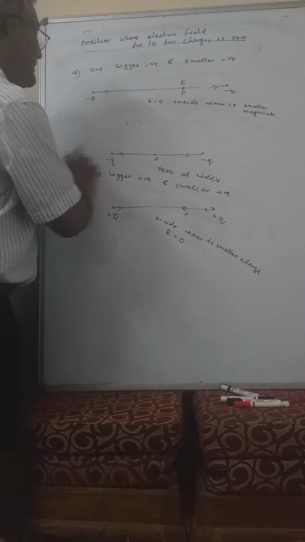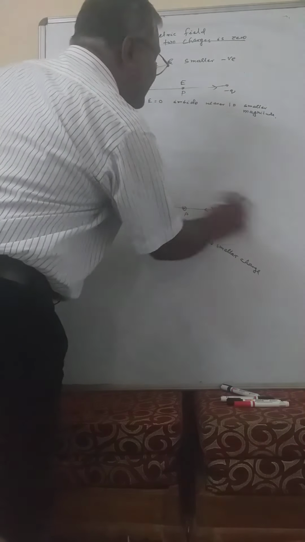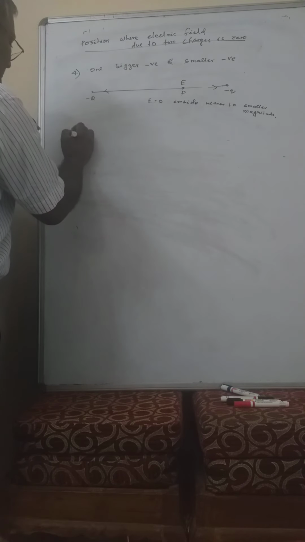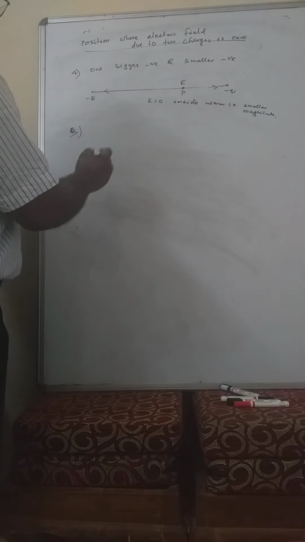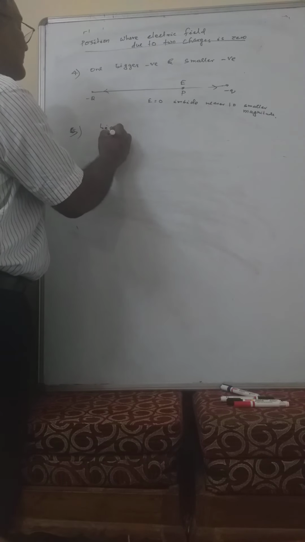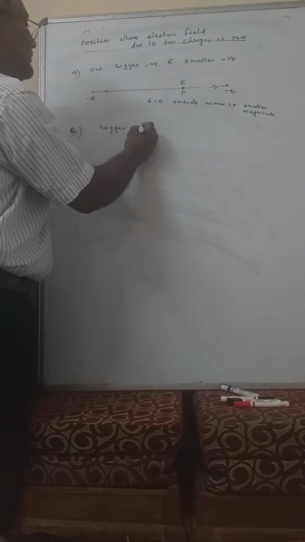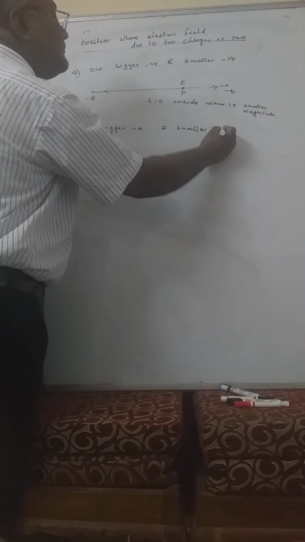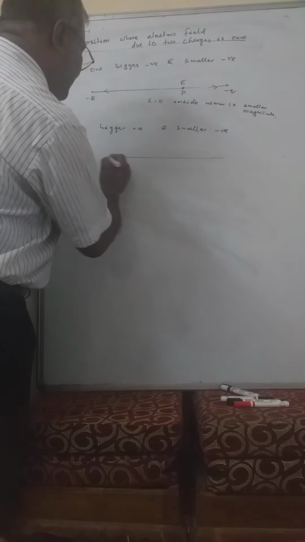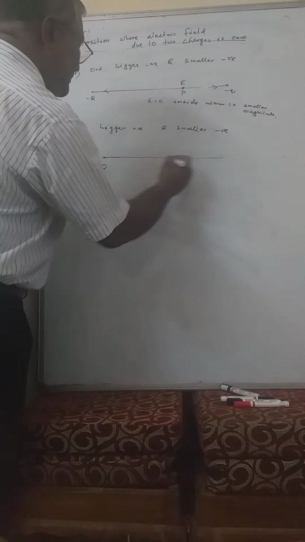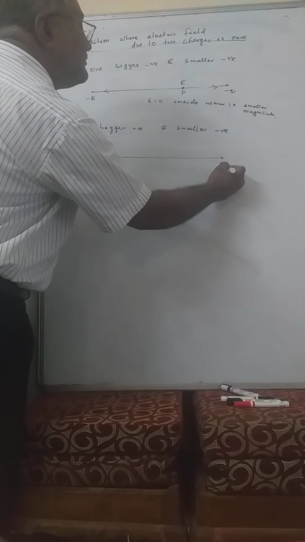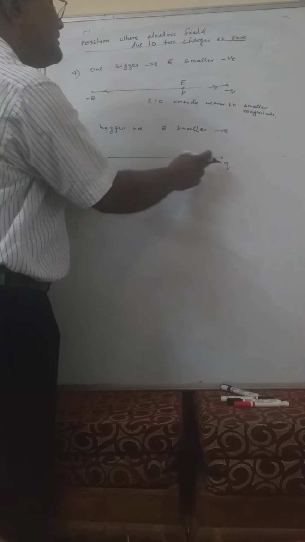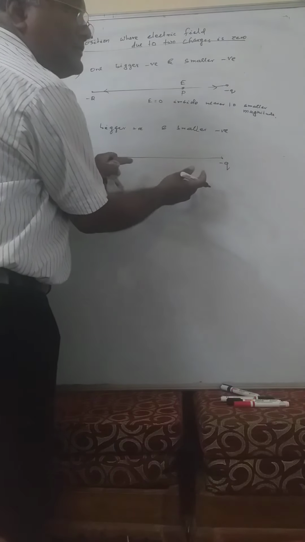Then the fifth point: if one is a positive charge and another is a negative charge, bigger positive and smaller negative. For example, this is the bigger positive, this is the smaller negative. Where will the field be zero? It will not be inside, because this is positive, away, and this is negative, towards, so both will add up if you take inside.